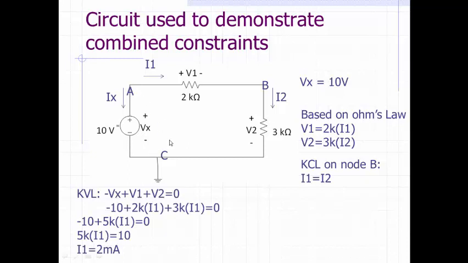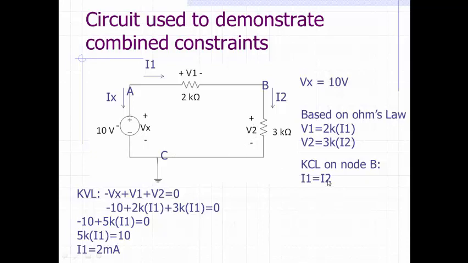Then we go to KVL. That's for a loop. For a loop, where you start to write KVL does not matter. So let's start from here. Since I go clockwise and I meet the negative sign first, I put a negative Vx, positive V1, positive V2 equal to 0.